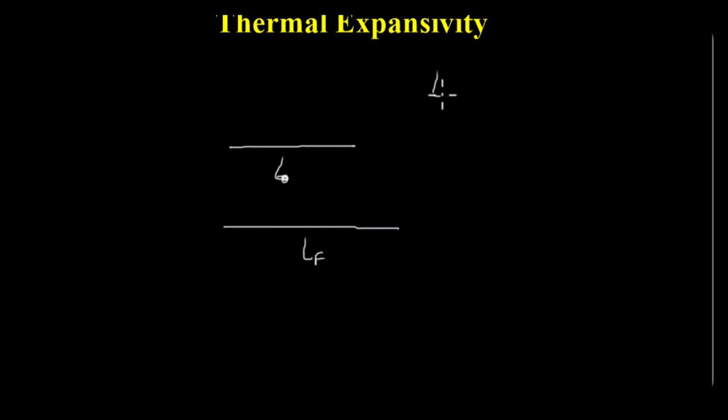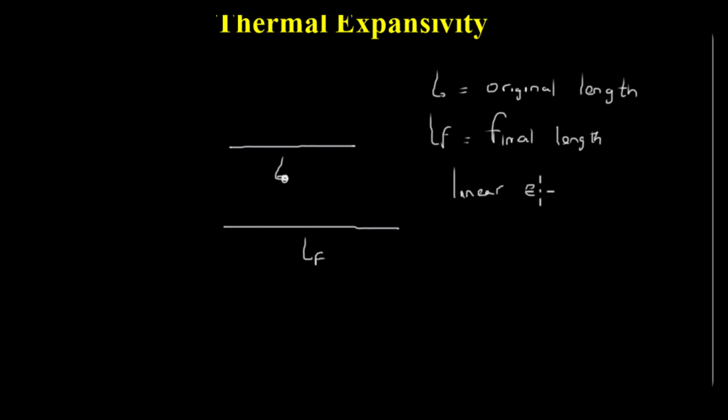Where L naught simply means original or initial length, and LF means final length. Now, if only my length is increasing, then the type of expansivity that accounts for this type of increase is what we refer to as linear expansion.